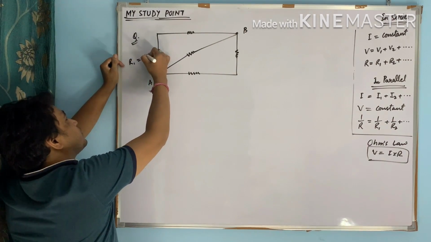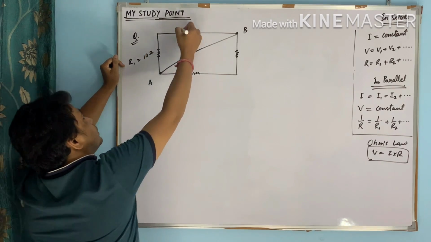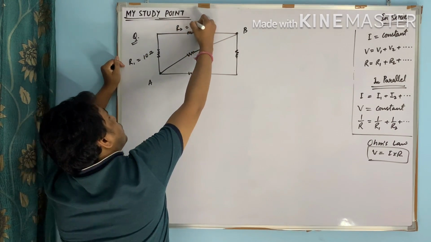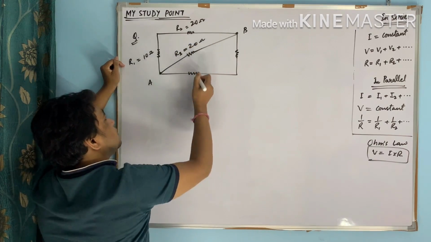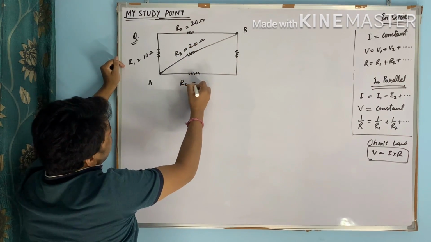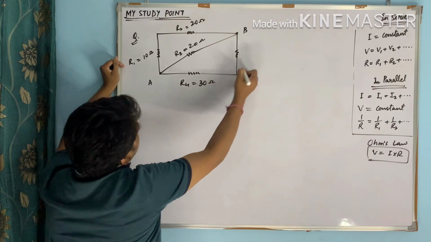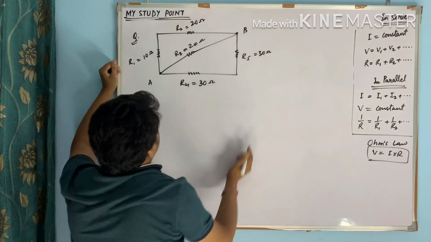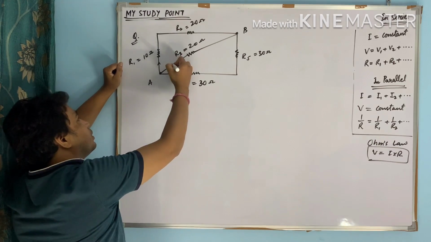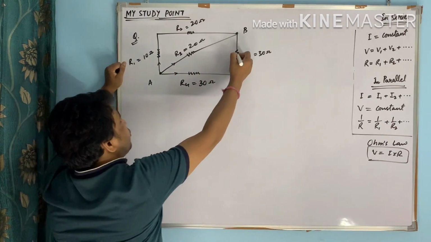R1 10 ohm, R2 20 ohm, R3 20 ohm, R4 30 ohm, R5 30 ohm. The path of current is from point A to point B.